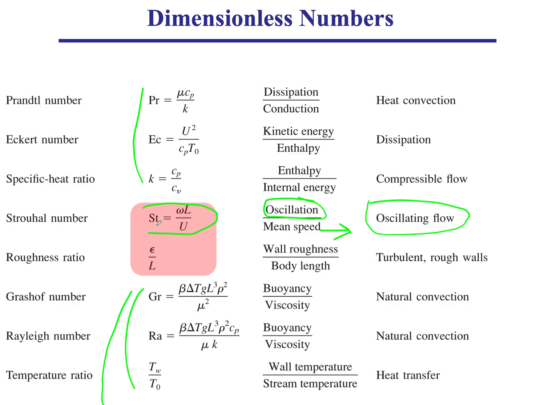So the Strouhal number is an oscillatory effect relative to an inertial effect. And then we will consider roughness effects, which will become useful when we study pipe flow problems.